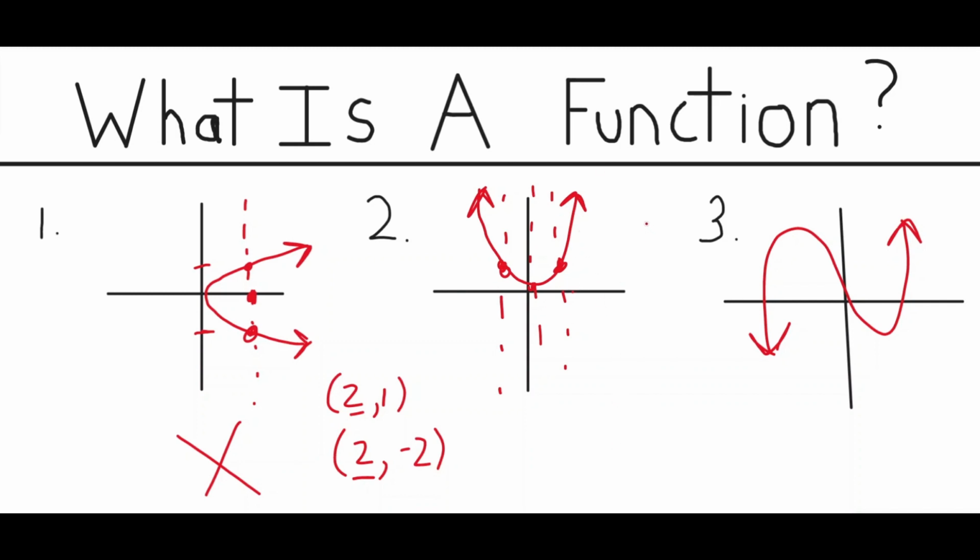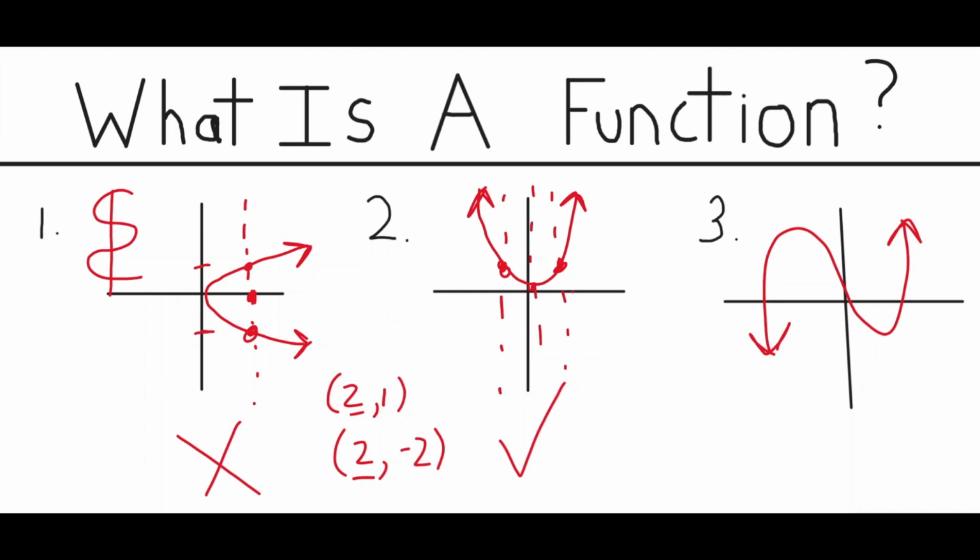So the line can never get doubled over like this one is so that we cross it more than once. Or even if we had something like this, that would obviously not be a function. But if we have one output for each x input, that can't happen. And that's what happens with this one. So this one is a function.